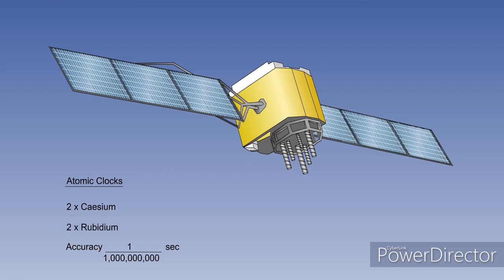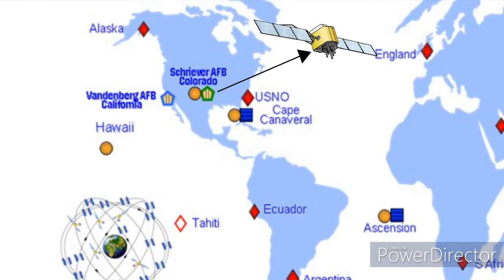Each satellite contains 4 atomic clocks, 2 cesium and 2 rubidium, which control the satellite's transmission accuracy better than 1 nanosecond, or 1,000 millionth, or 1 billionth of a second. SV clocks are monitored by the Master Control Ground Station and are occasionally reset to maintain time to within 1 millisecond of GPS time.